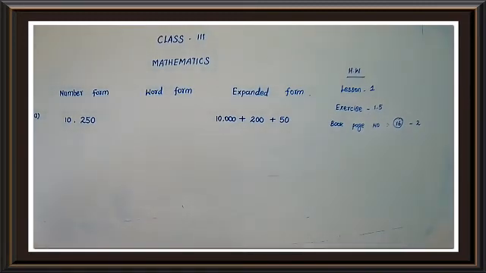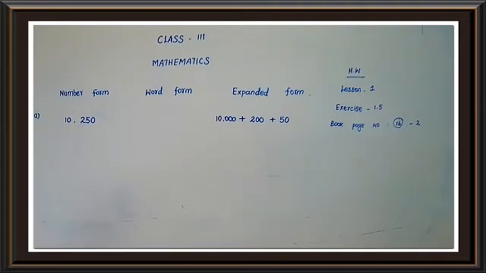Then see the second one, B. They are given the expanded form. We want to write the number form and word form. The expanded form is 20,000 plus 60 plus 1.